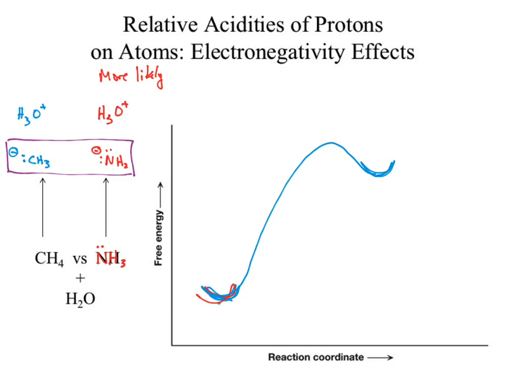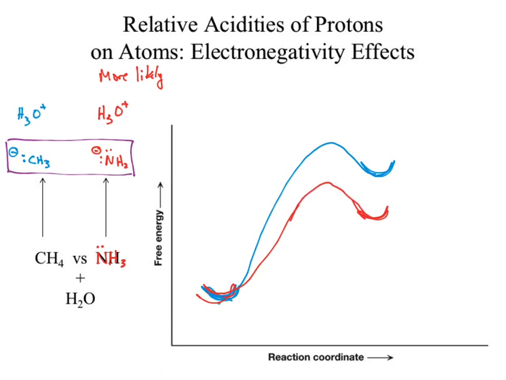Okay, what about the nitrogen? Is that nitrogen higher or lower in energy than that carbon? It is lower in energy, which means I draw that well below it. Now what happens? Kind of squished there.